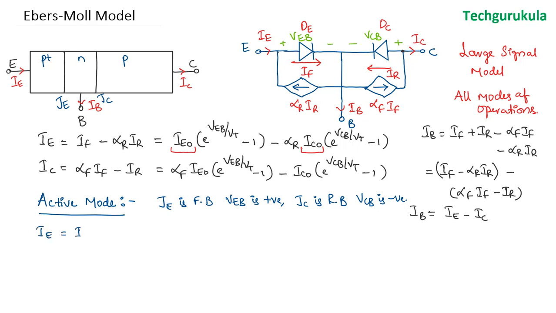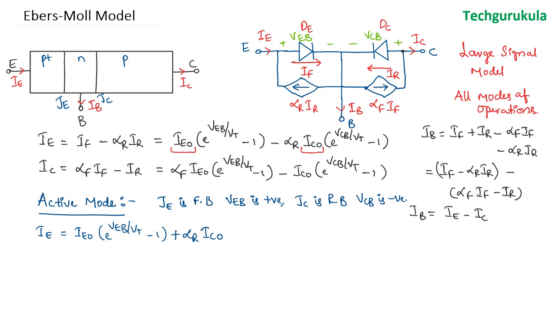IE is equal to IE naught times e power VEB over VT minus 1. And coming to the second term, alpha R IC naught times e power VCB over VT minus 1. As this diode will be in reverse bias, we would have the reverse saturation current, which is negative. So negative of negative is positive. So we get plus alpha R IC naught.